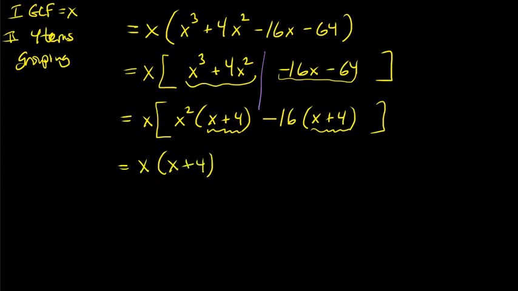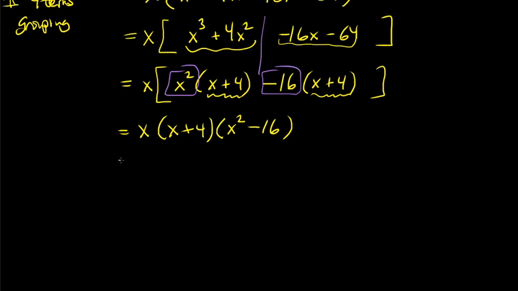And what does the x plus 4 multiply? It multiplies x squared minus 16. So we multiply by x squared minus 16. Okay, now what? Well, x squared minus 16 looks familiar, right?